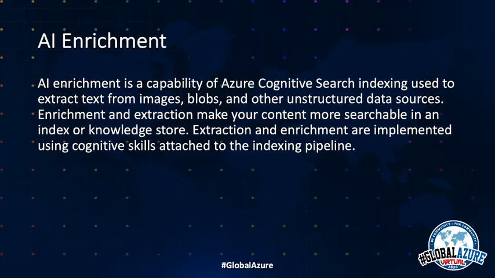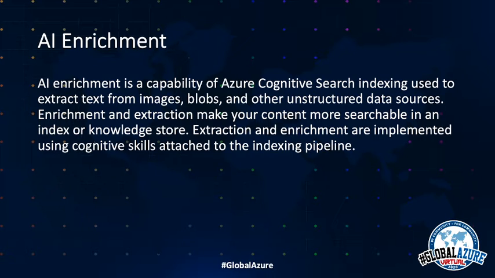Well, basically, AI enrichment is a capability of the Azure Cognitive Search indexing that is used to extract text from images, blobs, and these unstructured data sources that we mentioned.